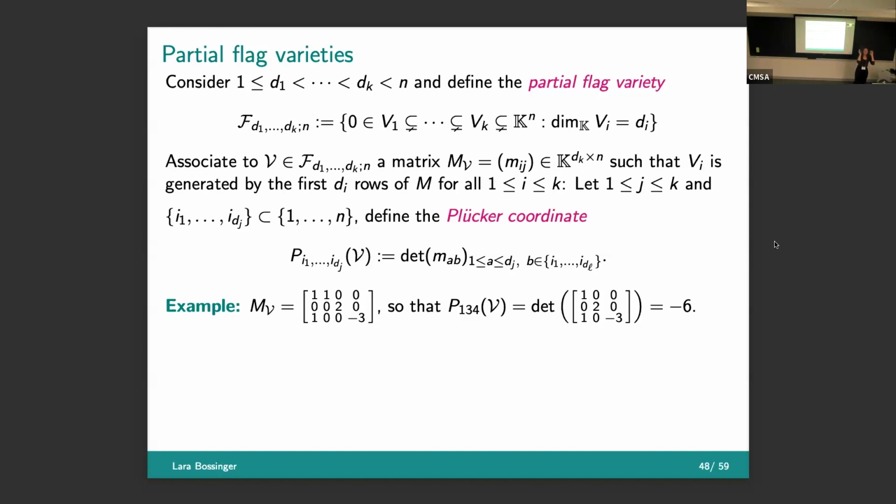I choose a basis for the first vector space, and I add some more vectors to the basis to have one for the second vector space, and so on. So the first d_i rows in my matrix should then span the ith vector space in my flag. Okay? So I get a d_k times n matrix.